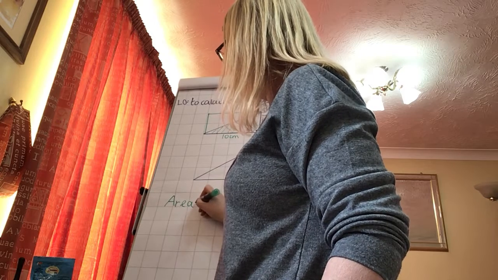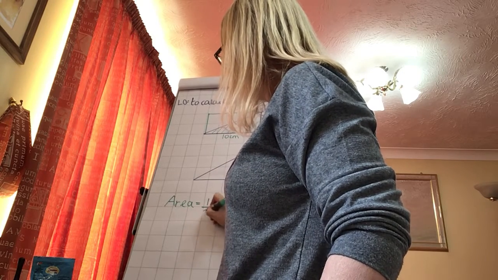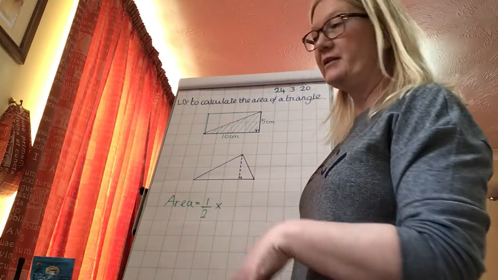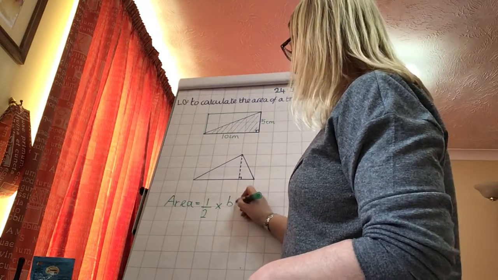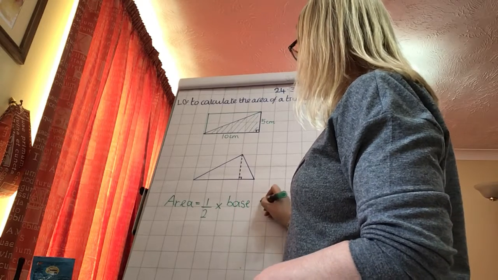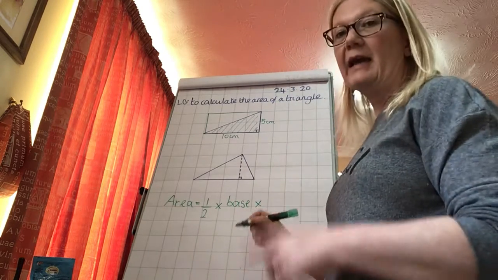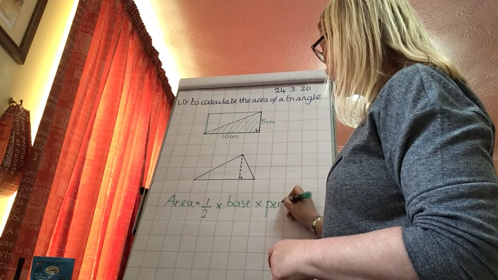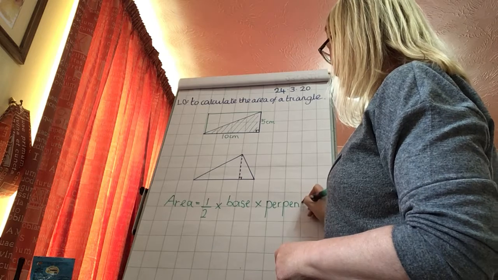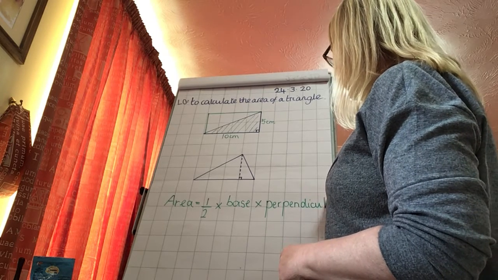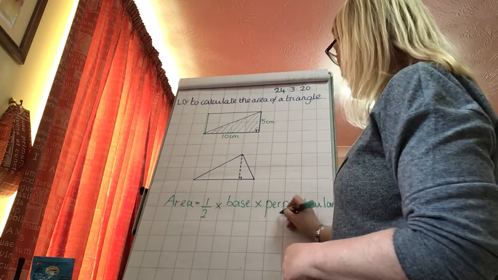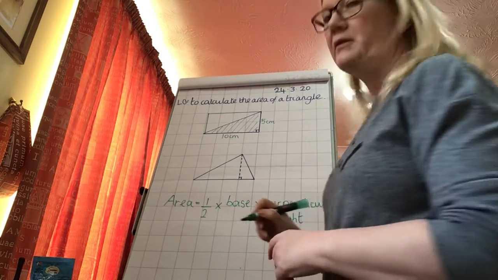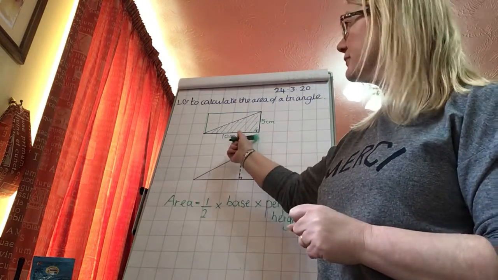Area equals half of, and we know that times or multiplied means of, the base times, and again we're looking at perpendicular height here, perpendicular height. Really nice and simple for a right angled triangle.